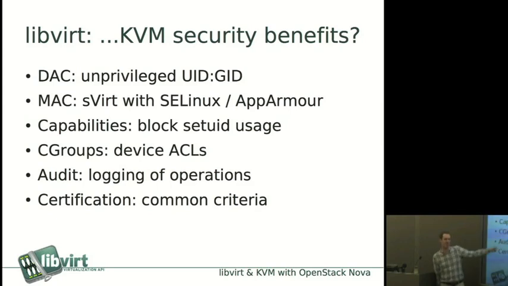That's just another layer of protection in all the things that are done there. And the last point, a lot of people don't care, but if you start talking to government organizations, they like their security standards. So KVM on RHEL has also got Common Criteria certification.